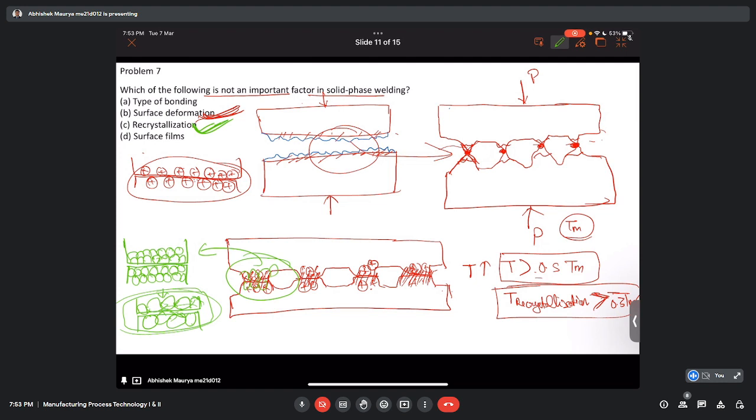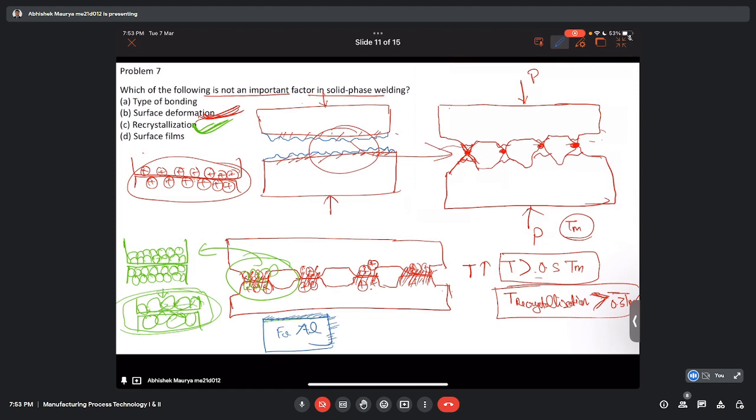Now coming to the surface films. You must be knowing, if we have any material in the atmosphere, suppose aluminum, iron, whatever you can think of, if you see the surface, they are not pure material.